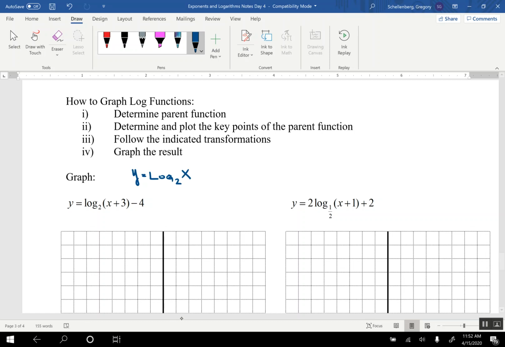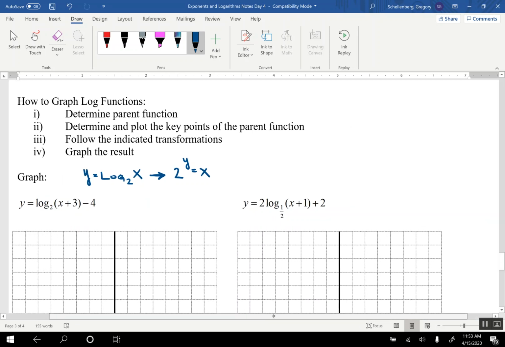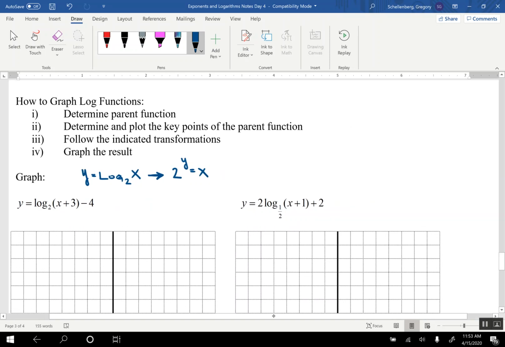Okay, so determine and plot the key points of the parent function. Okay, so again, I can convert this to an exponential to help with that process. I'm going to rewrite this as 2 to the y is equal to x. And we can create a quick little table of values here, x and y.